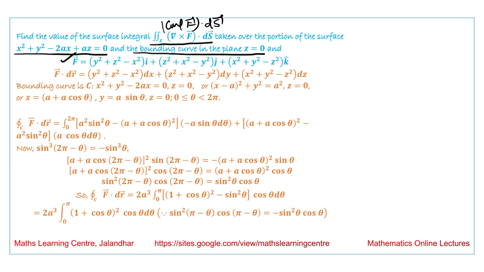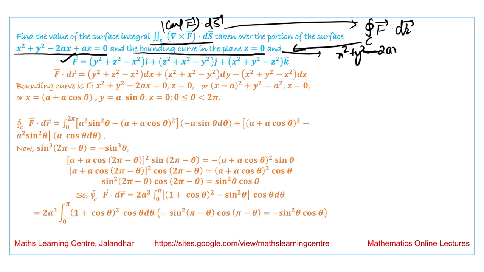To evaluate this integral, we use Stokes' theorem, and write this integral as the integral over C of F vector dot dr vector, where C is given by substituting z equal to 0: x square plus y square minus 2ax equal to 0, z equal to 0.